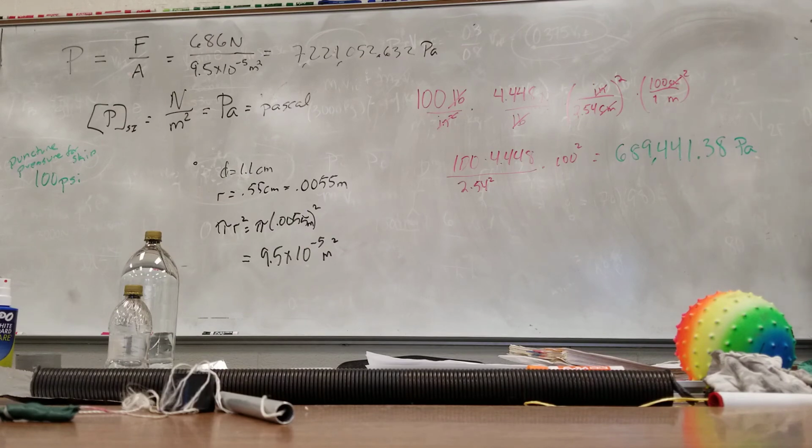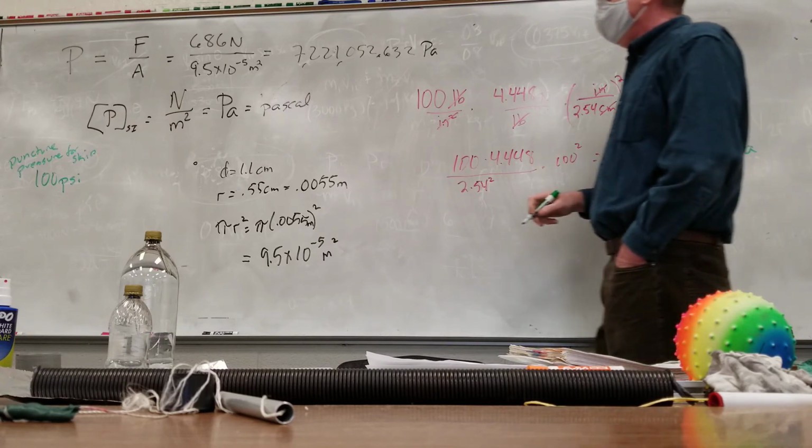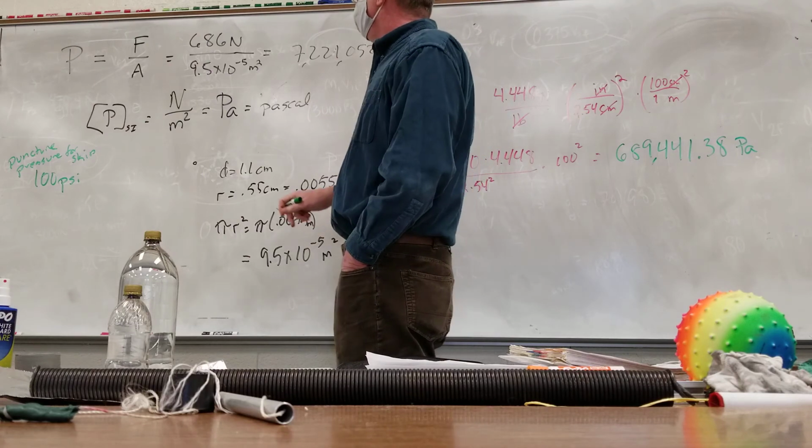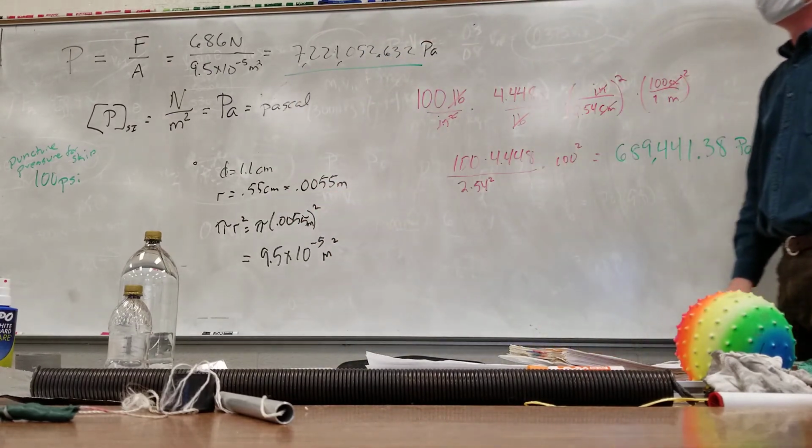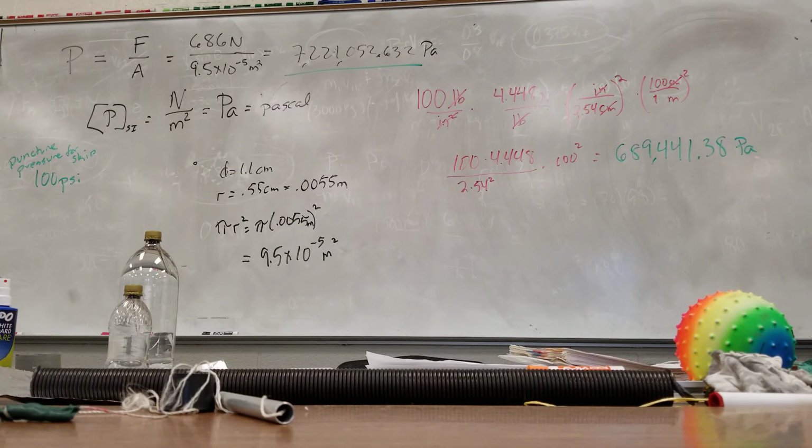All right, so we have a little under 700,000 pascals, or a little under 700 kilopascals, is the pressure it takes to puncture skin, and indeed, the stiletto heel will do it with plenty to spare. You have more than 10 times the amount of pressure you need.